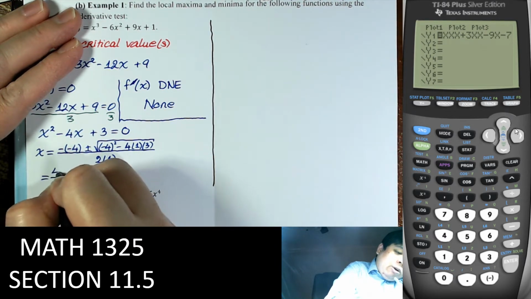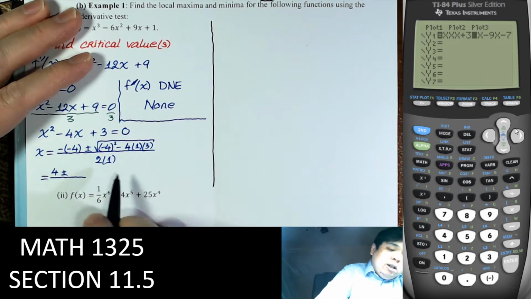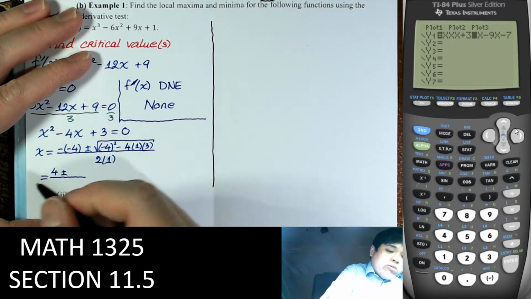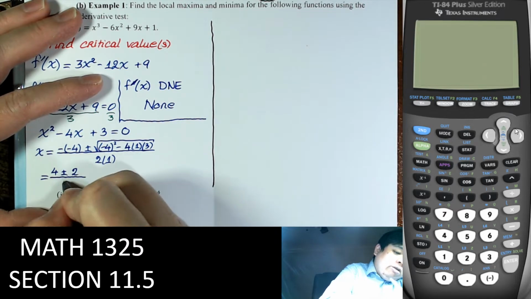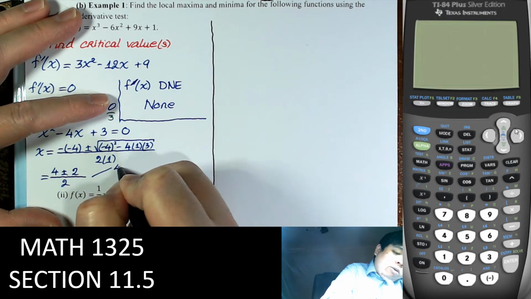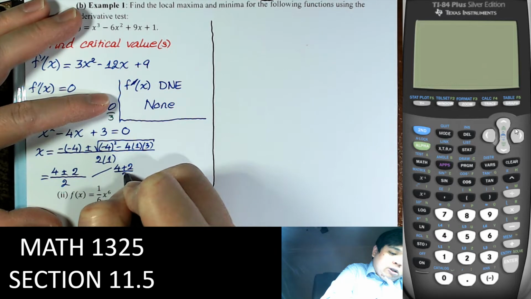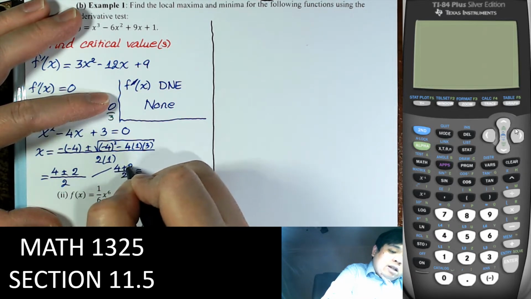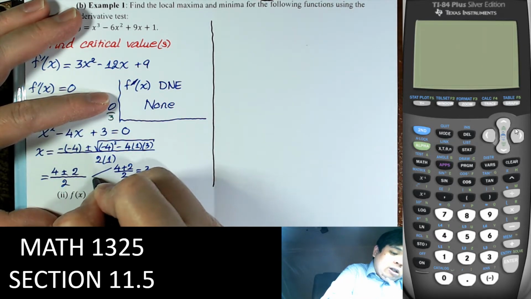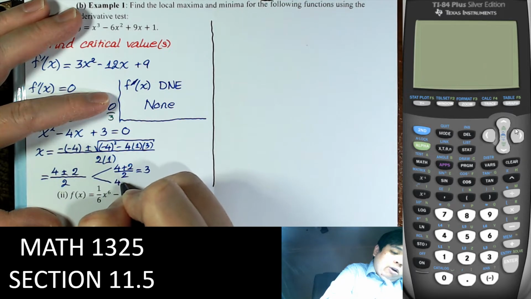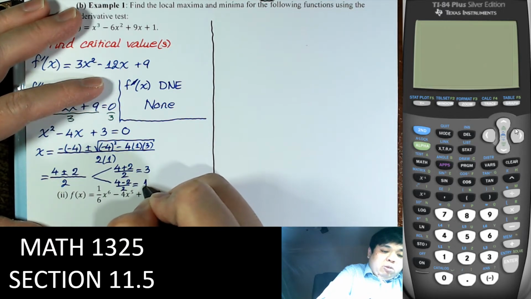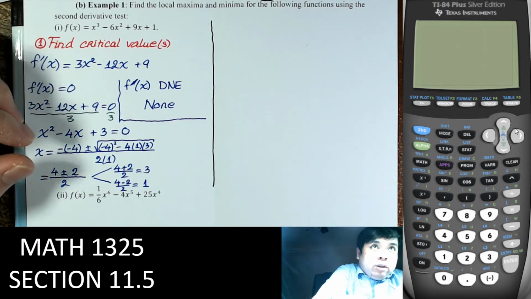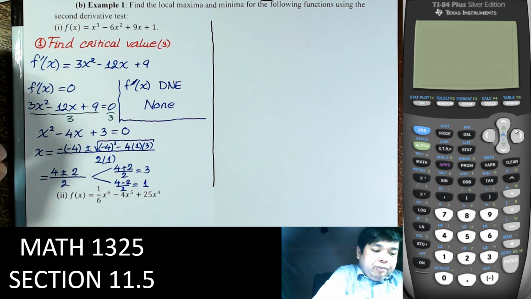That gives us 4 plus or minus the square root of 16 minus 12. 16 minus 12 is 4. The square root of 4 is 2. Divide by 2. So I have 4 plus 2 divided by 2, that's 6 divided by 2, which is 3. And 4 minus 2 divided by 2, that's 2 divided by 2, which is 1. So I have 3 and 1. Right?